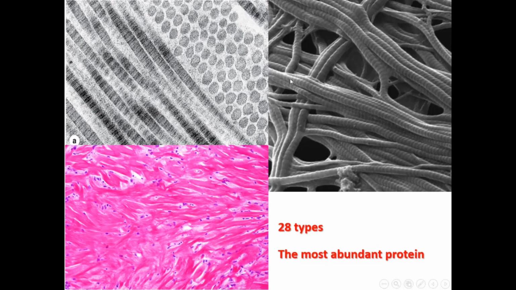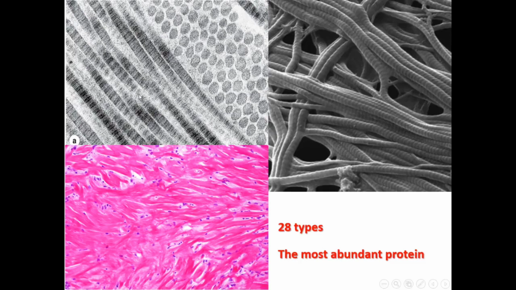Under the electron microscope and light microscope we can see the collagen fibers. In both electron microscopes, I mean SEM and TEM, you can see the collagen fibers with transverse striations, some depressions on the collagen fibers.